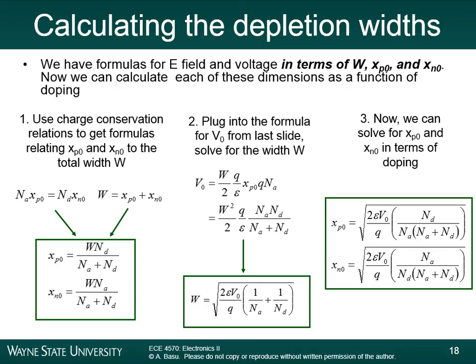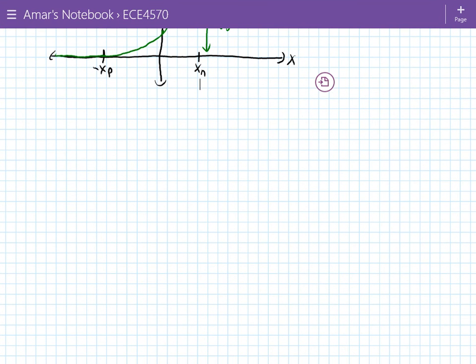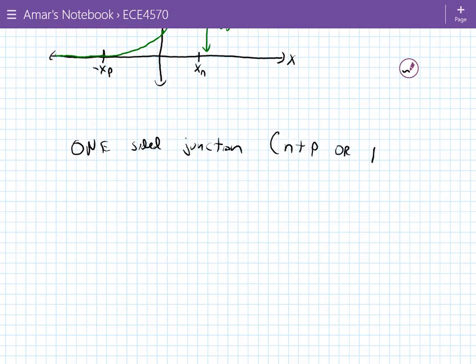So I'll write that down. What is a one-sided junction? If you have N plus P or P plus N, one side has a much higher doping than the other side.